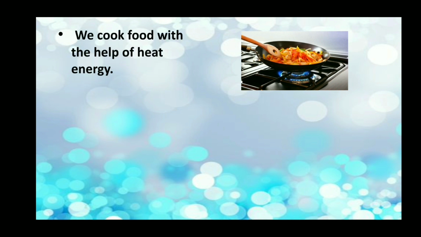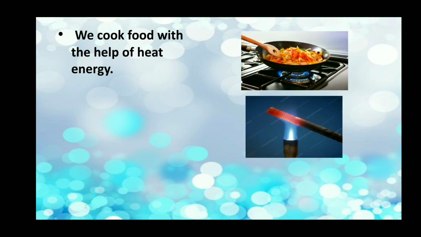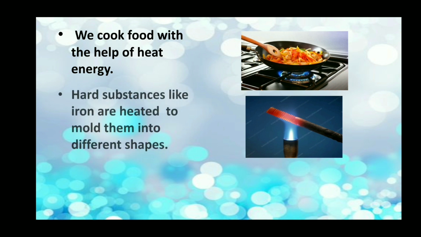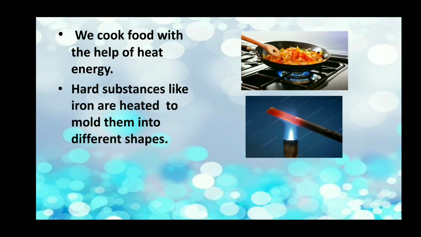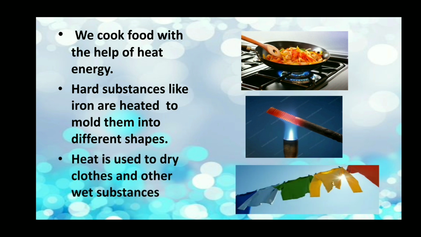The heat energy renders the food material soft and easy to digest. Hard materials like iron, steel, and even gold are heated to mold them into different shapes. Heat from the sun is used to dry clothes and other wet substances. So these are the uses of heat energy.